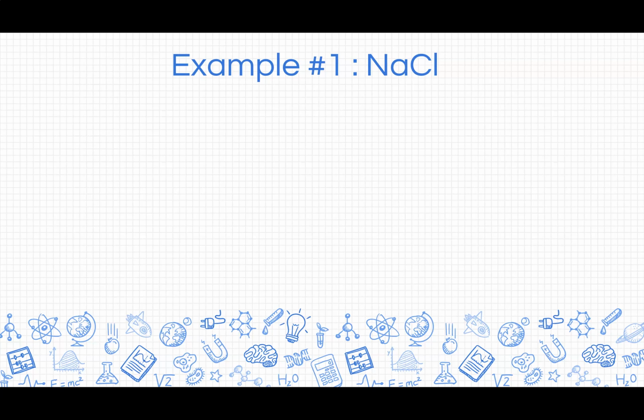So let's take a look at what that looks like. Here, just the example I was doing: sodium, 1 valence electron; chlorine, 7 valence electrons. There's no sharing of electrons like there was in covalent bonding. Sodium has such a low ionization energy and chlorine has such a high electron affinity that sodium just transfers the electron to chlorine.